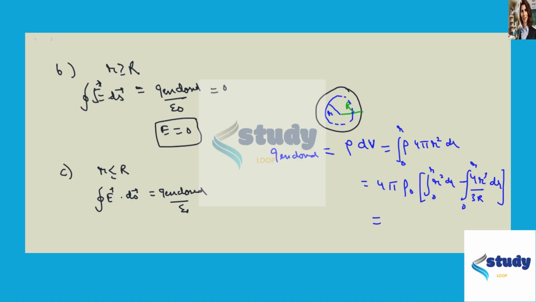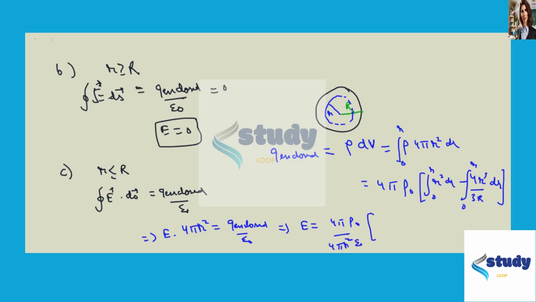Whatever quantity we have here, we should replace it here. So E dot dS, where the area of this sphere is 4 pi r square, equals Q enclosed, this quantity, over epsilon naught. This gives us E equals 4 pi rho naught times this quantity over 4 pi r square epsilon naught.